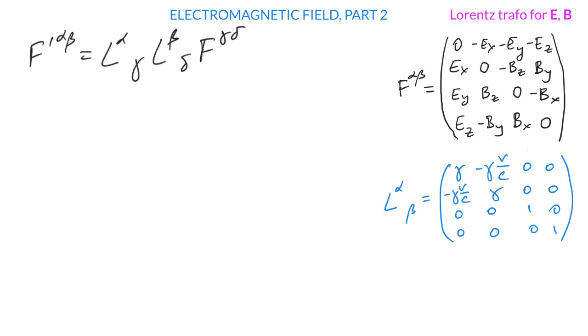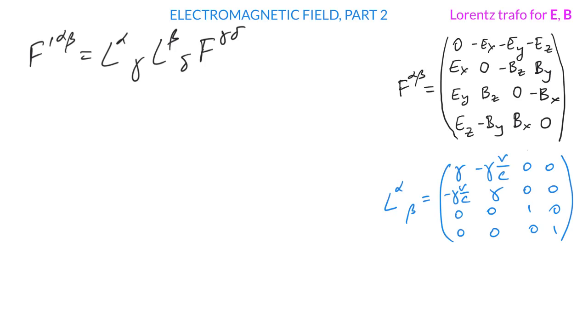Now, for the Lorentz boost in the x direction, the calculation is quite simple because of the block structure of the matrix. So the y and z components are not affected at all, and x is only mixed with ct. So we don't really need to perform the full-scale matrix multiplication.